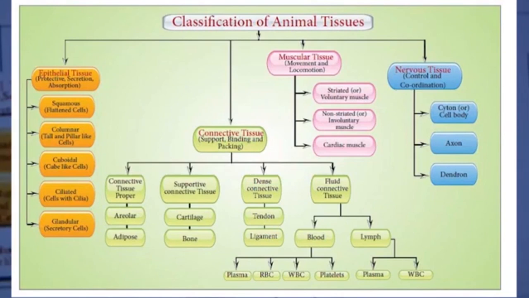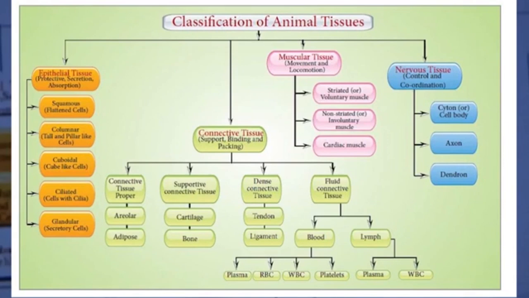First, squamous epithelium. It is formed of flattened cells. This flattened, square cell is squamous epithelium. The cube shape, like we say cube and square, that is cuboidal epithelium.